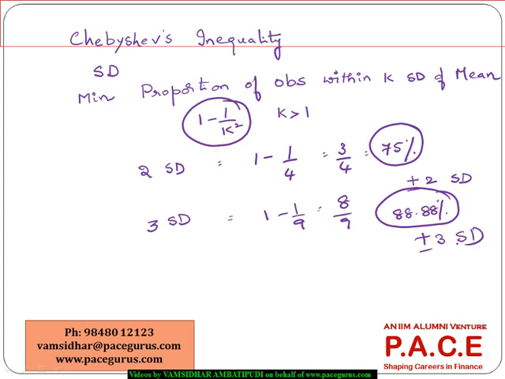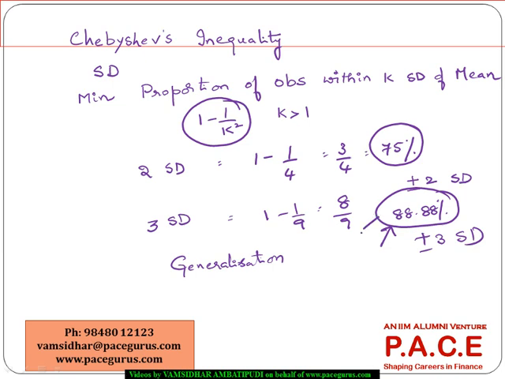That's the generality that this theorem has brought out. At most 11% of the observations can be outside the plus or minus 3 sigma limit. It holds true for samples, population, discrete, continuous, any kind of data.